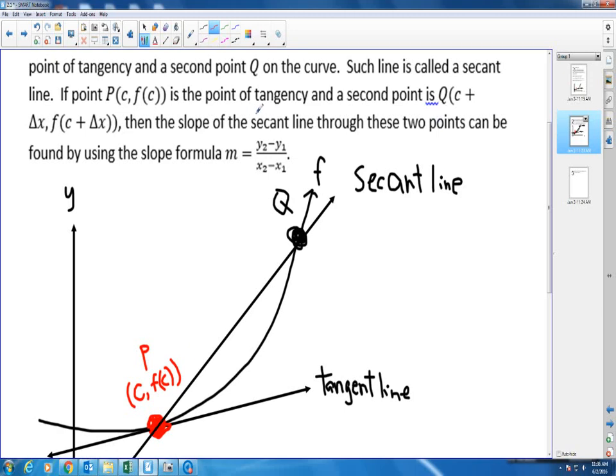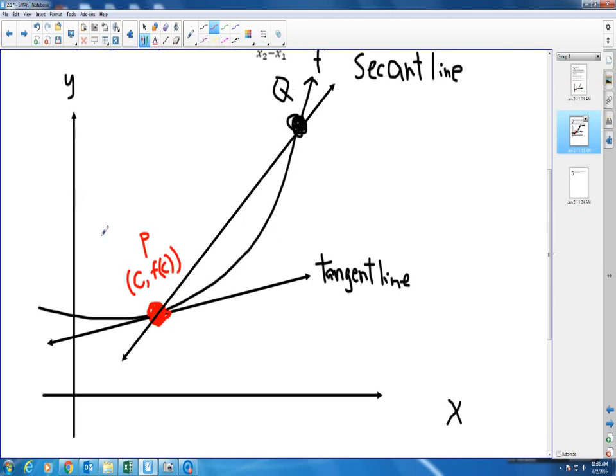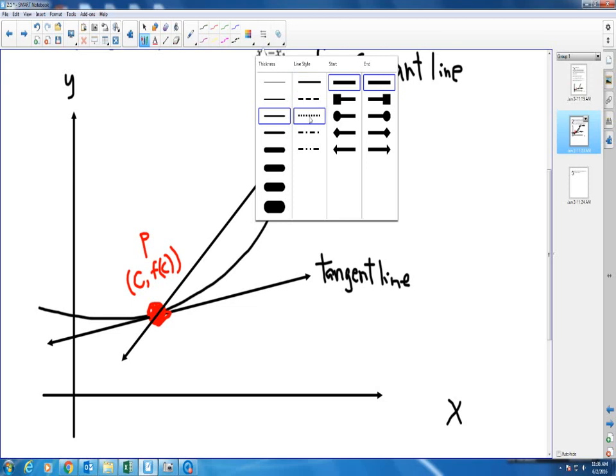And let's say the second point Q is c plus delta x. We call it delta x because from this point P to the point Q, there is a change of displacement.